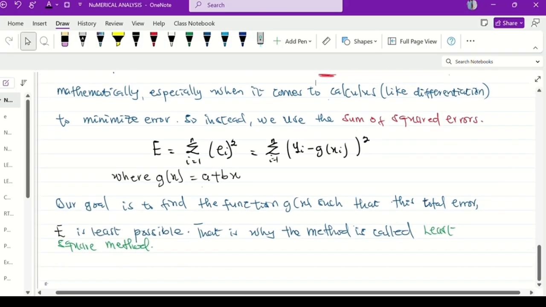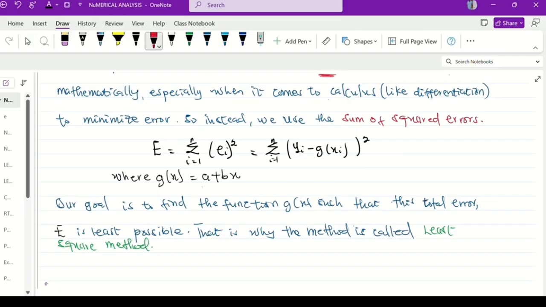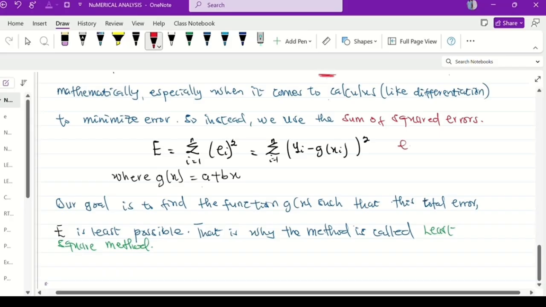So instead, we use the sum of squared errors. Here, we are going to square our error. We said that our E is the summation of Ei.